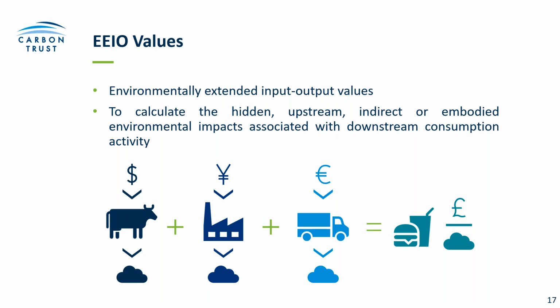So again, for this specific example, we may look at the agriculture and livestock stage of this, then the processing and production of that item, then the transport and distribution, and ultimately we arrive at the product that's on your table. And at each stage, we sum the investment and emissions produced to arrive at a final value for the emissions produced per pound or dollar spent on that food and drink product or service.